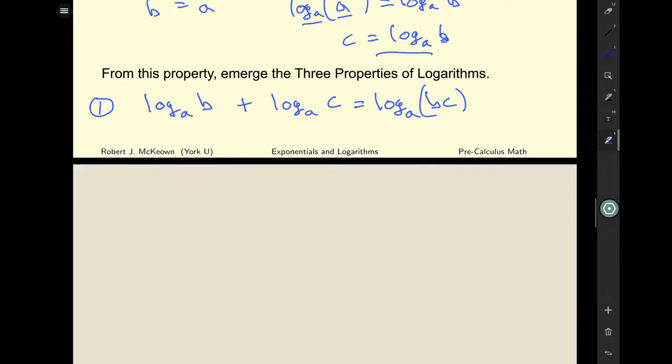And sometimes you want to go from left to right, and sometimes you want to go from right to left.